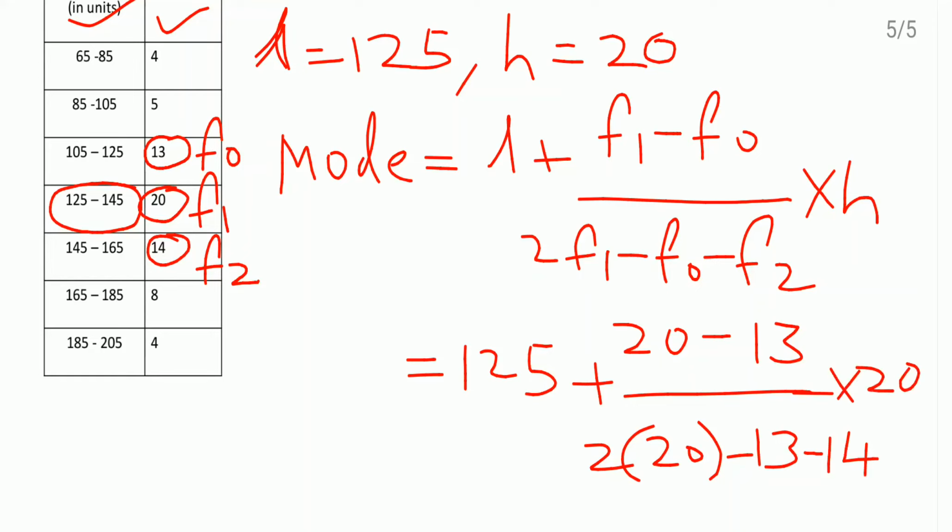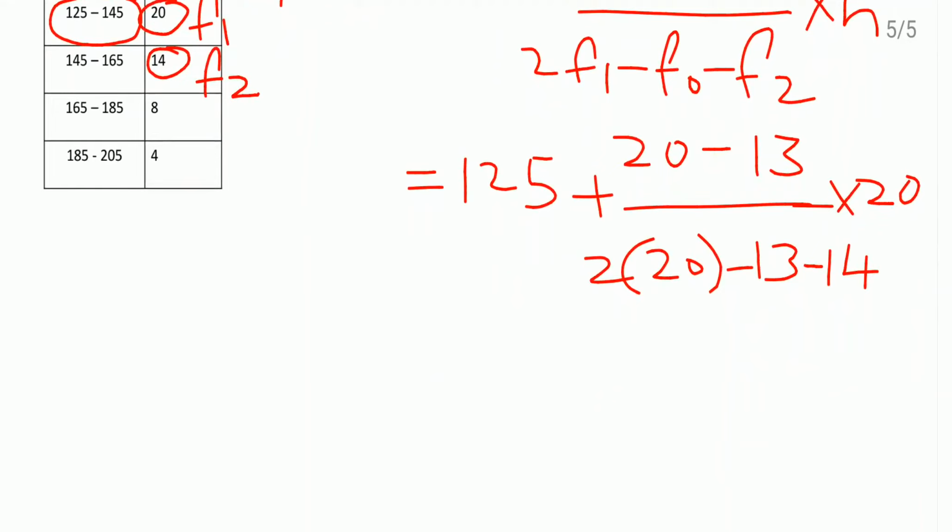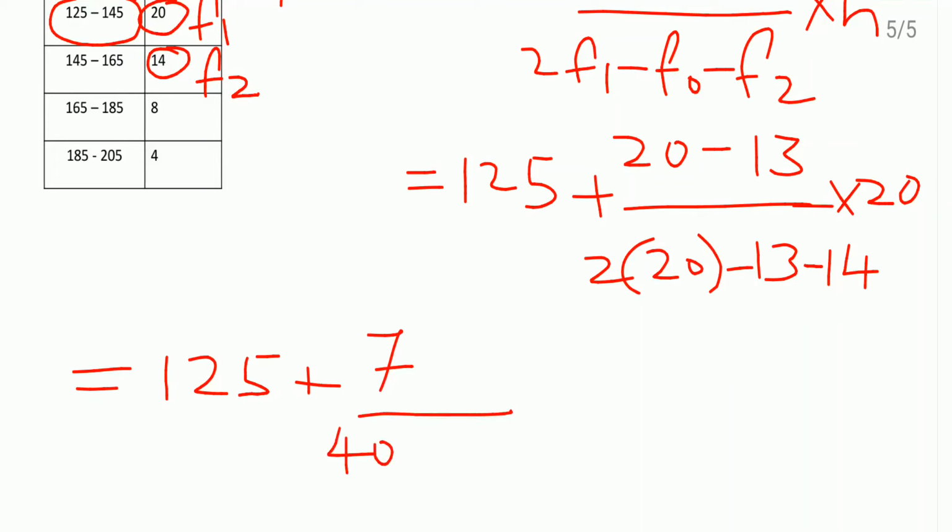So here, 125 plus 20 minus 13 is 7, 7 into 20. In the next step, the denominator is 40 minus 13 and minus 14, it is 13, into 20.